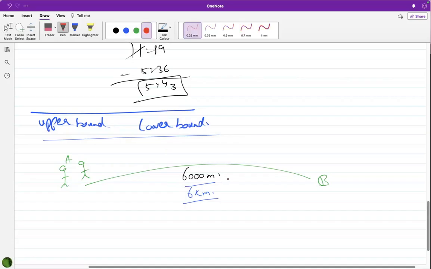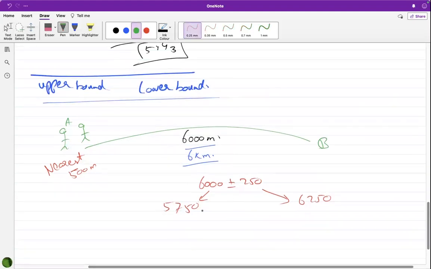So I may say plus minus, to the nearest 500 meters. That would actually mean 6,000 plus minus 250. It could be 6,250, it could be 5,750. So 6,250 is the upper bound, and 5,750 is the lower bound. And the difference between the two will always be 500.